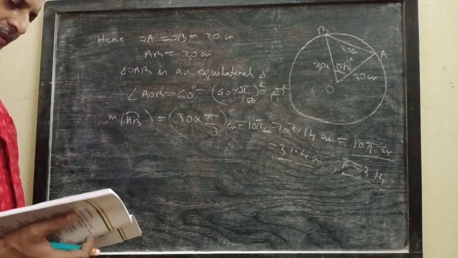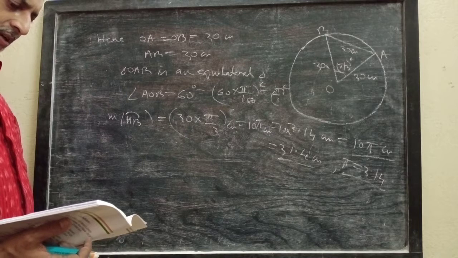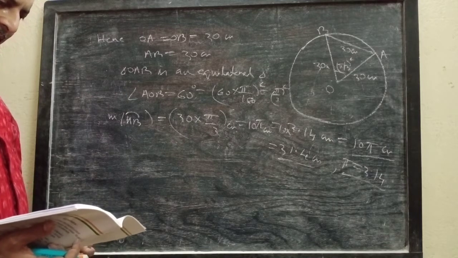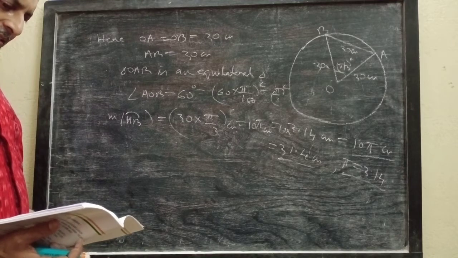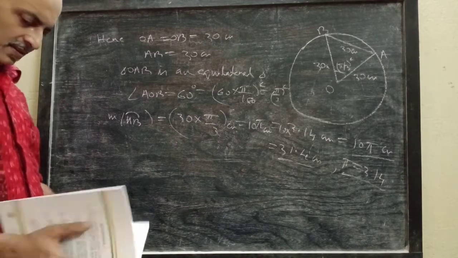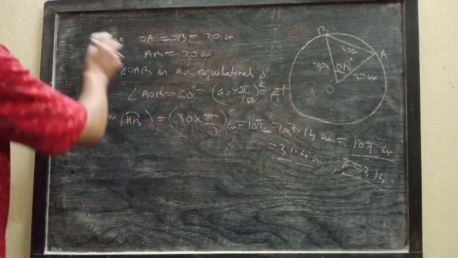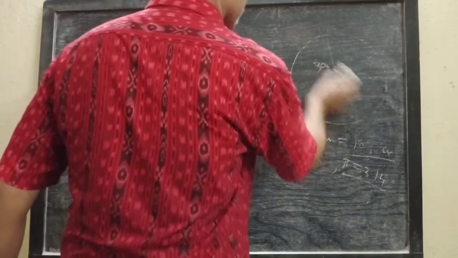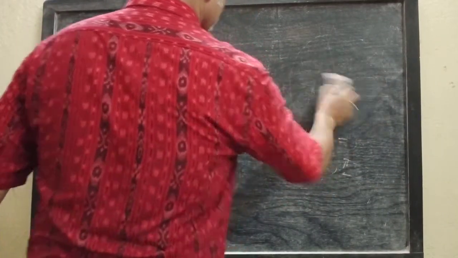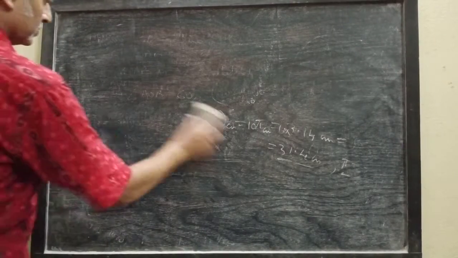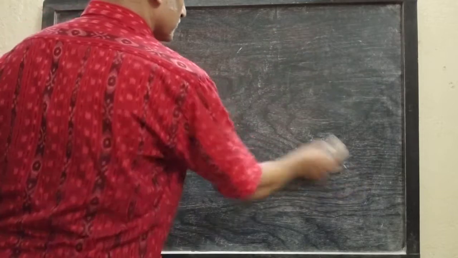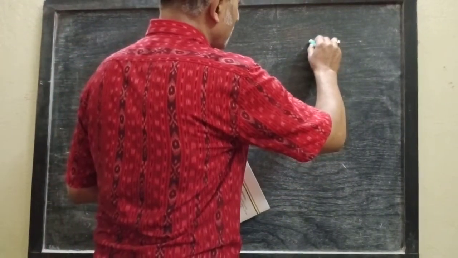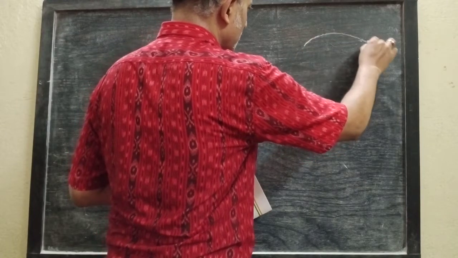A train is traveling on a circular curve of 1500 meter radius at the rate 66 km per hour. Through what angle has it turned in 10 seconds? A train is traveling in a circular track. Say this is the circular track.